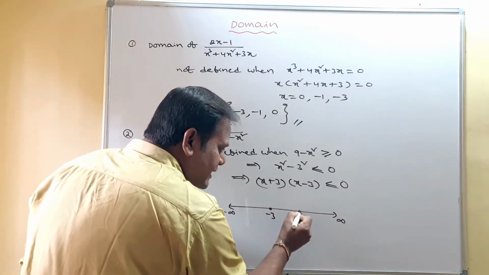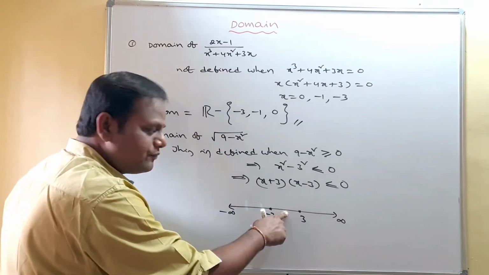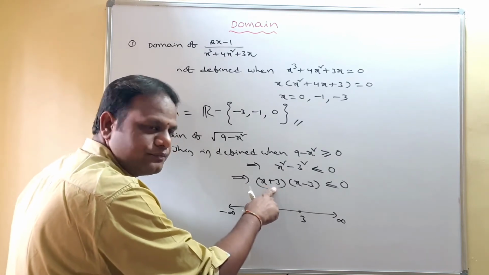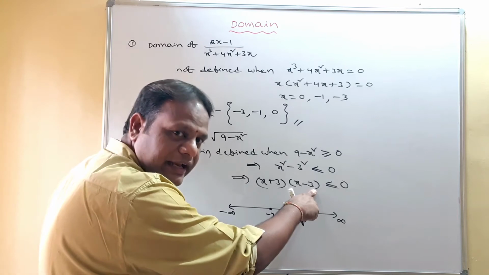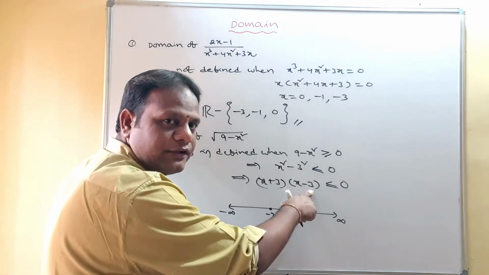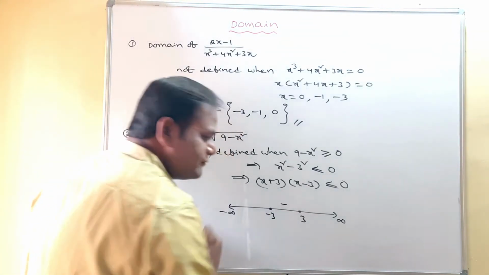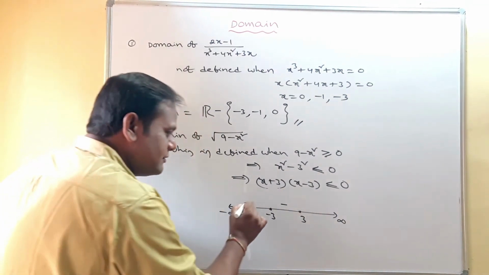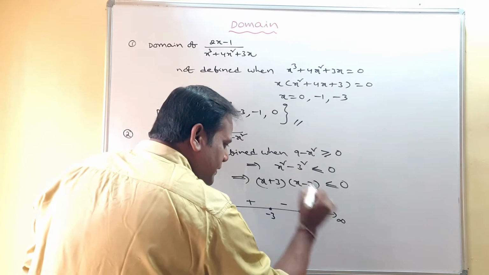Between minus 3 and 3 we have 0. You take 0: 0 plus 3 positive, 0 minus 3 negative. Positive into negative, negative. So here it is negative. Alternatively, you change the sign.